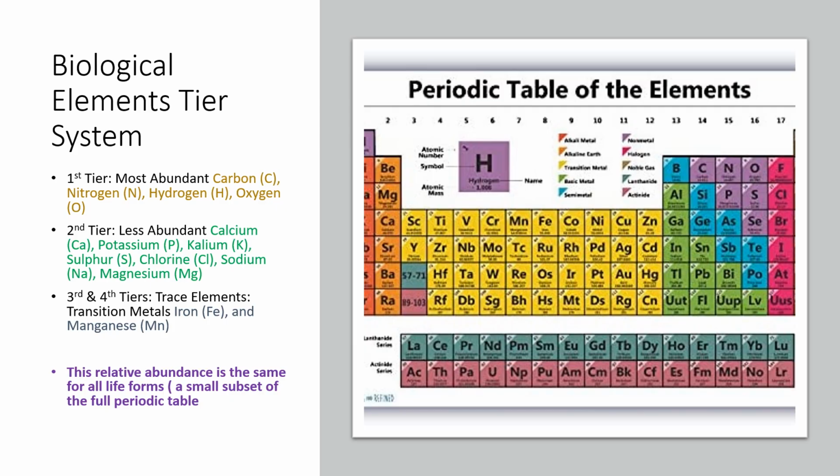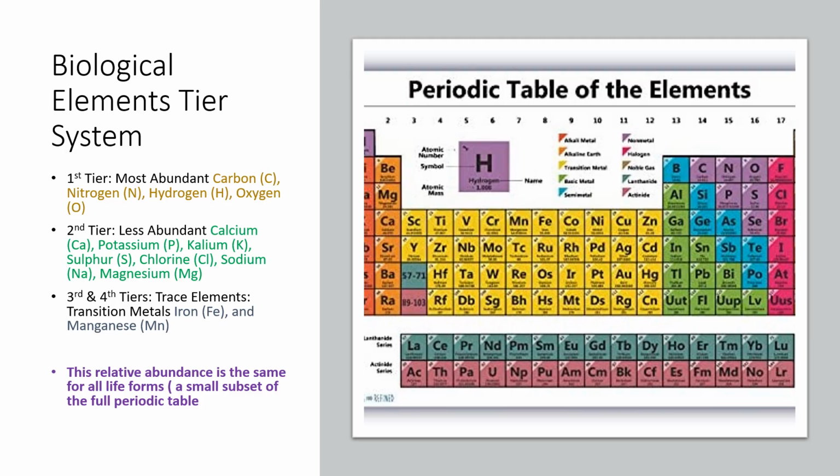So here we have the periodic table of elements, which is all the known elements that appear in the universe. We look at them according to the biological elements tier system. In the first tier, these are the most abundant elements that can be found, beginning with carbon, nitrogen, hydrogen, and oxygen.